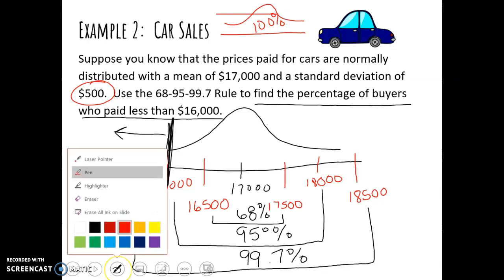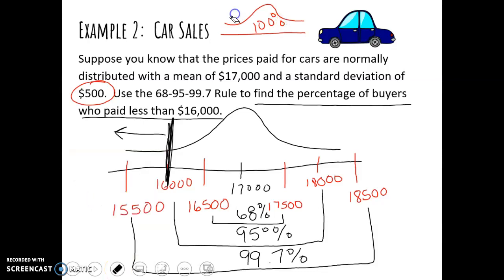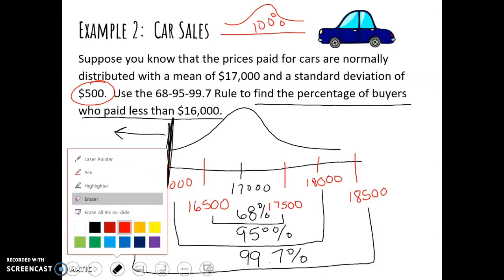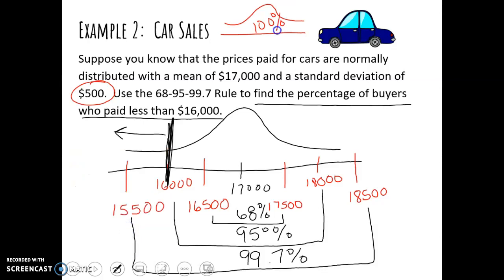If you think about a probability distribution function, the whole thing adds up to be 1 or 100%. So the same thing is here. This whole curve represents 100% of the data.